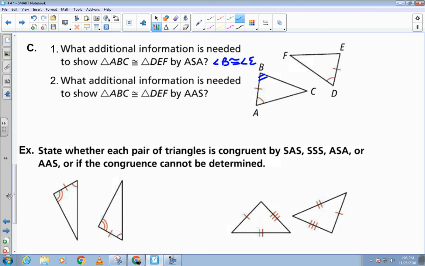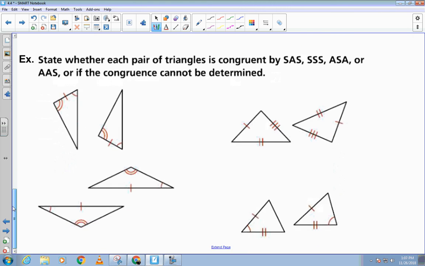That gives the other pair of angles for ASA, right? Okay. What if I wanted to prove them congruent by AAS? Okay, angle C would have to be congruent to angle F, and that would take care of the AAS. Okay.